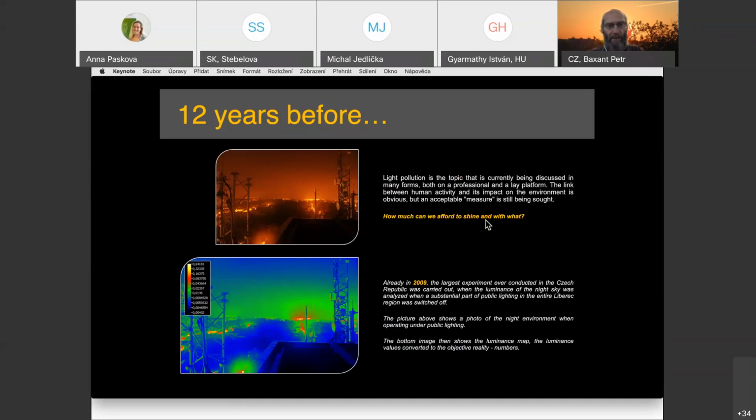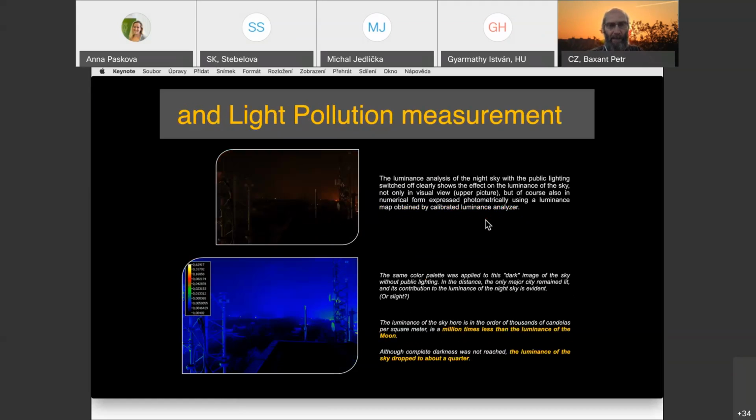On this picture there are a visible image and a luminance map showing how the sky looks with the public lights on, and when the public lights were switched off. So it was 20 years ago, with the techniques and devices which we had at that time.